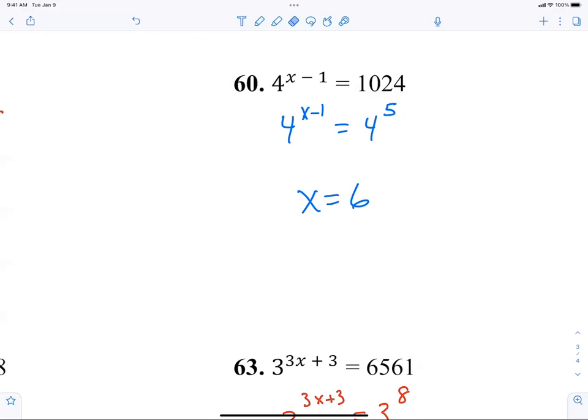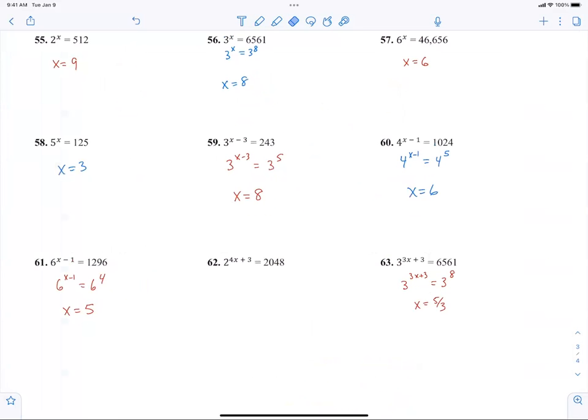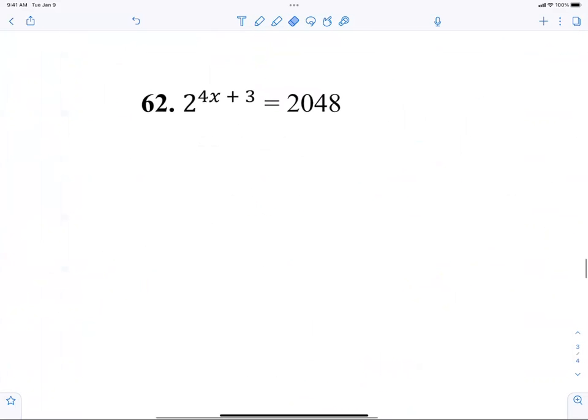Yeah, I did the problem. Okay, so one more to go. 62. 2 to what power is 2048? 11. So from there, we know the answer is x equals 2.